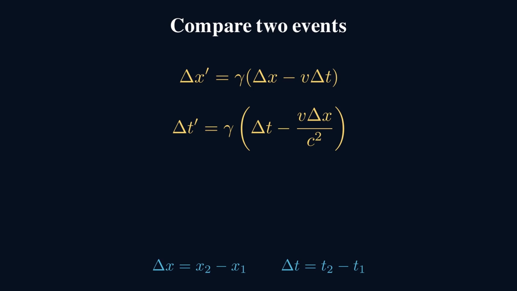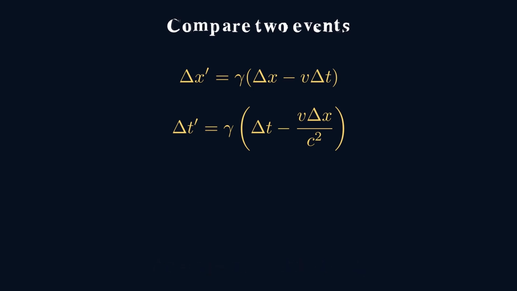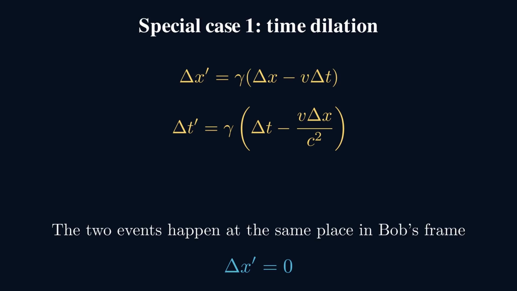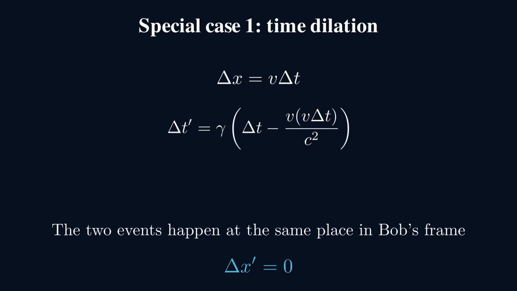Well, let's say from Bob's point of view, they occur at the same location, so delta x prime is equal to 0. Now, if that's true, the first of these equations becomes 0 is gamma times (delta x minus v delta t), which leads to delta x is v delta t. Now we can substitute this into the second of these equations, the yellow one, and we get this expression here.